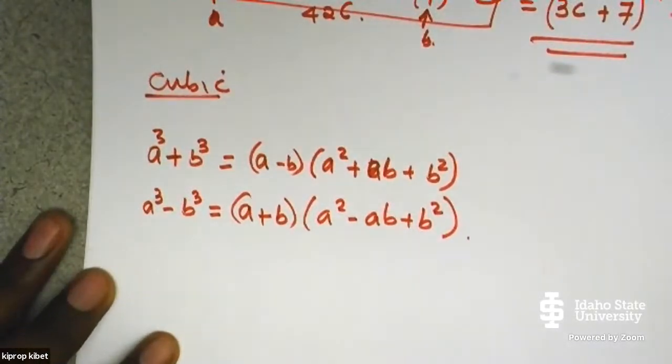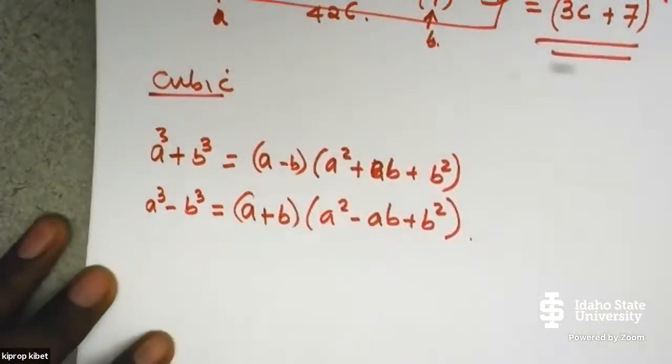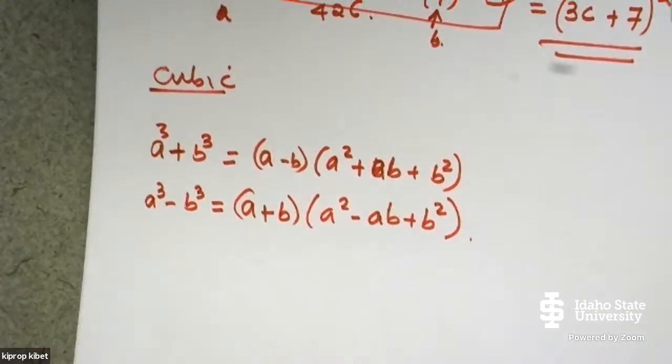And this one, a cube minus b cube, is a minus b times a square plus AB plus b square. So this is constant, it cannot change. If you have a cube, you need to see whether it will give you number one or number two.